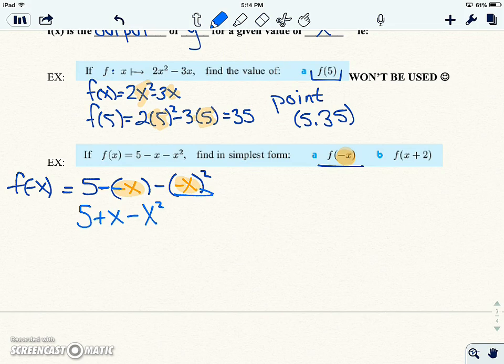So the negative in here went away, but I kept this one. And it doesn't simplify anymore, so that's my answer. So f of negative x equals this. It's basically just saying if you put in a negative number, it would come out in this form, and you could plug in any number for x. So plug in and simplify. That's for A.